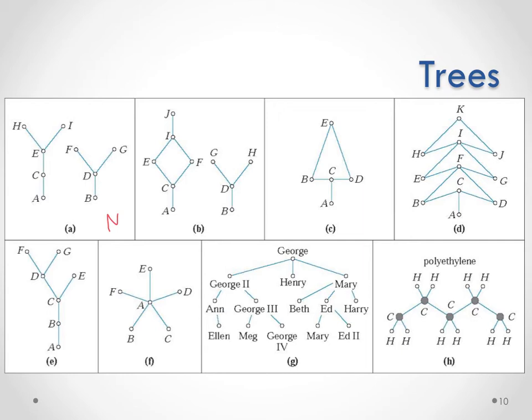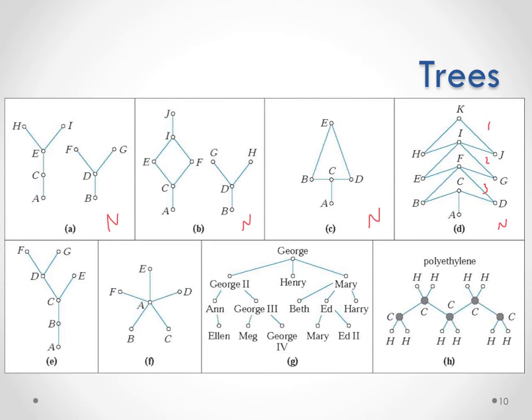B not only is not a complete graph, but it also has a circuit, so it is also not a tree. C looks like a tree, doesn't it? It certainly does. It looks like a tree, but then again, there are circuits, so therefore it is not a tree. And D looks like a huge tree, but it has 1, 2, 3 circuits, so definitely not a tree.